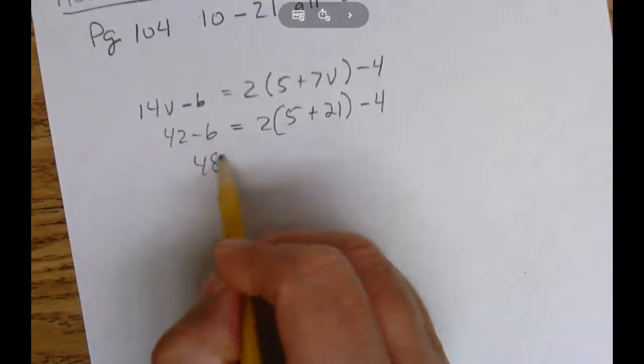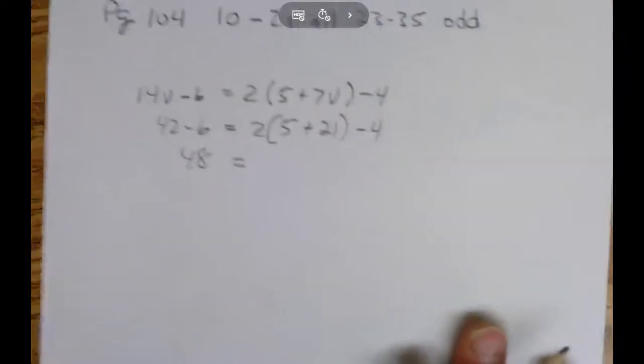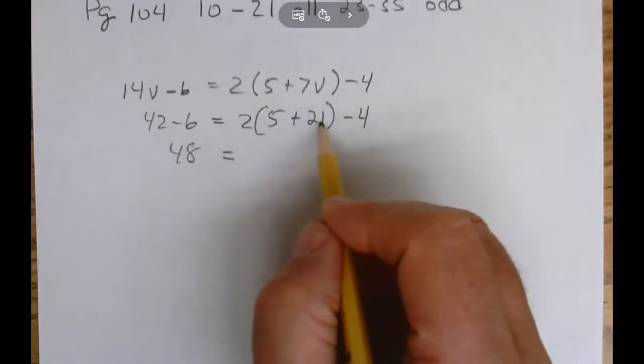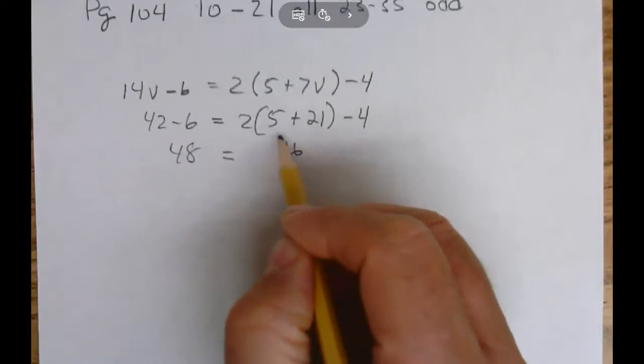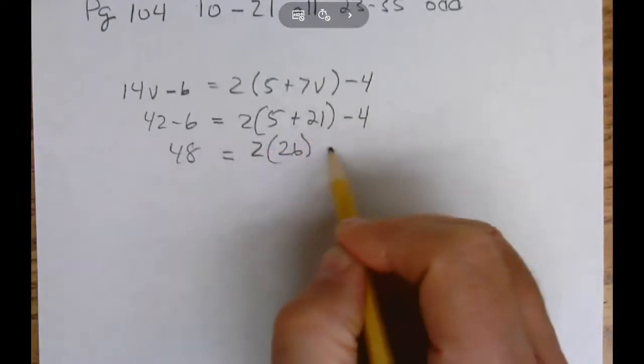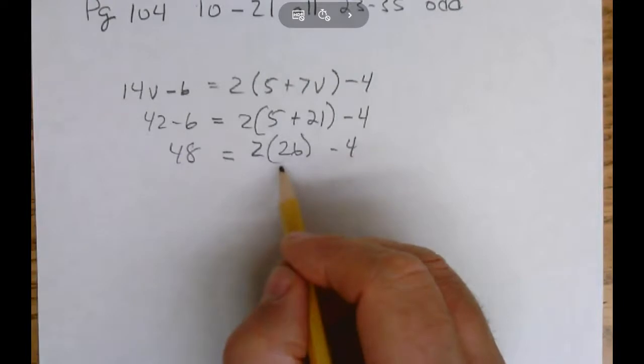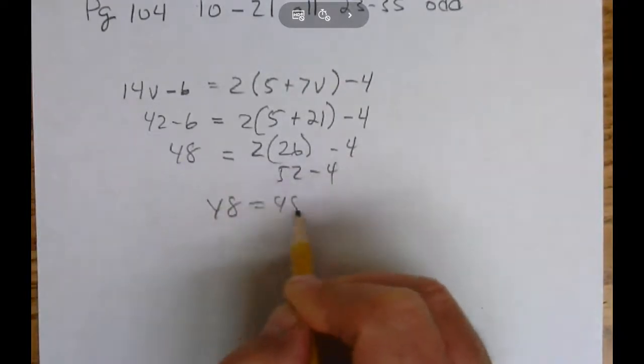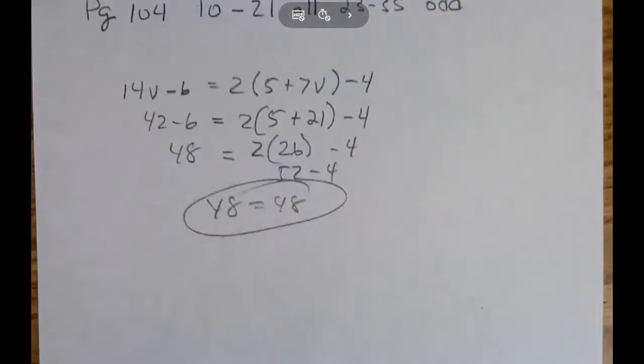So this is 48. And this becomes, oh, sorry, it's tilted. But then we do 5 plus 21 is 26, right? 2 times 26 minus 4. That's going to give me 52 minus 4, 48. 48 equals 48. Okay? So that's what you see.